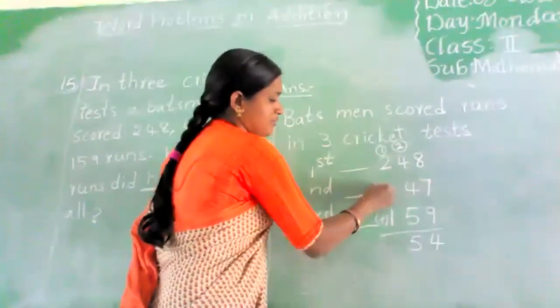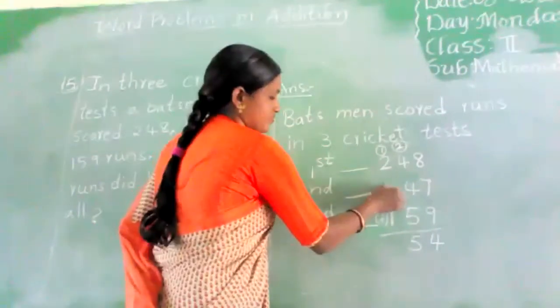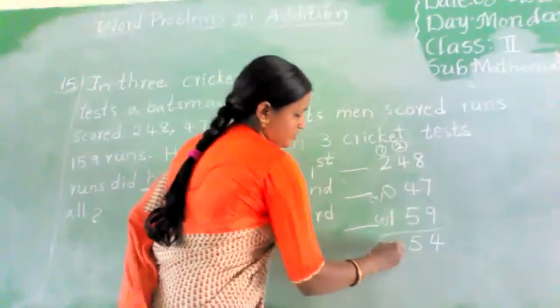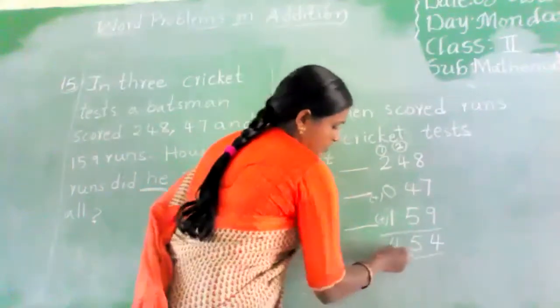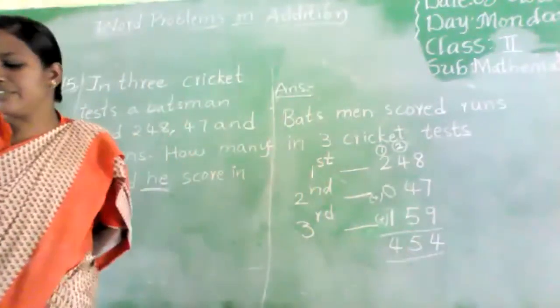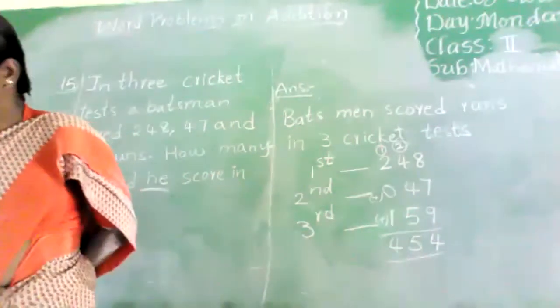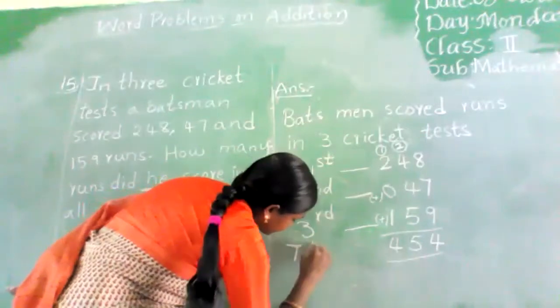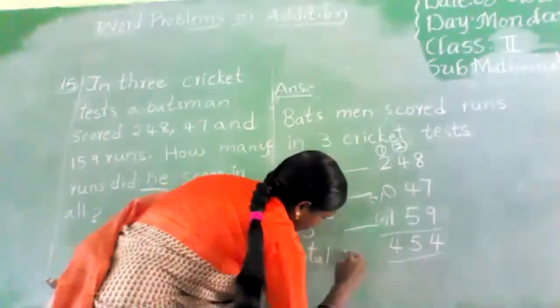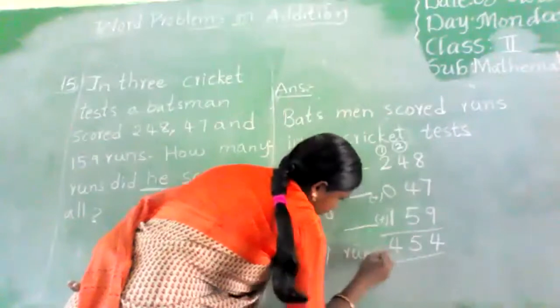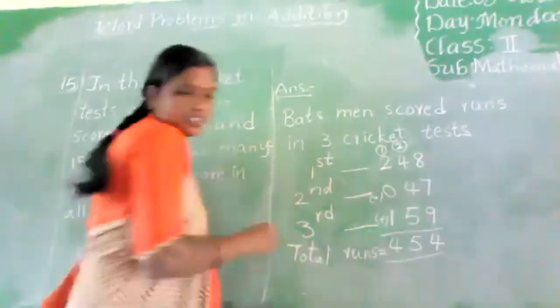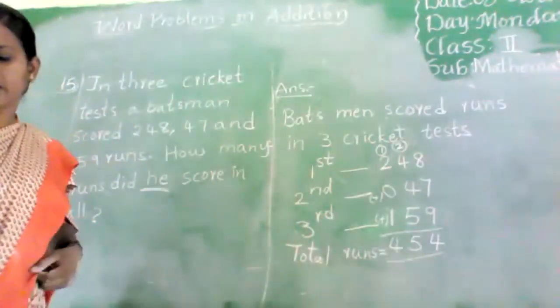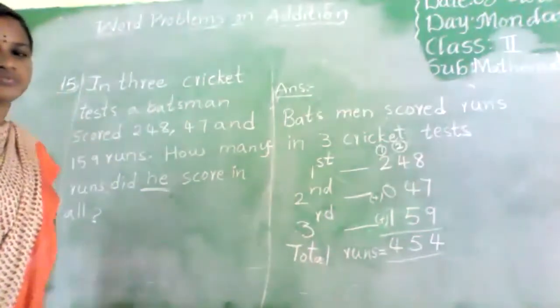Here there are no 0 numbers. 3, 4. So in total he scored 454 runs. Total runs, 454.